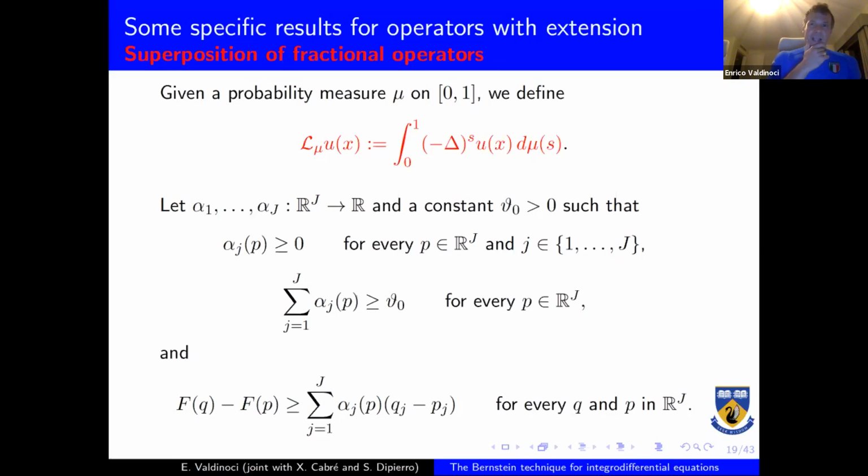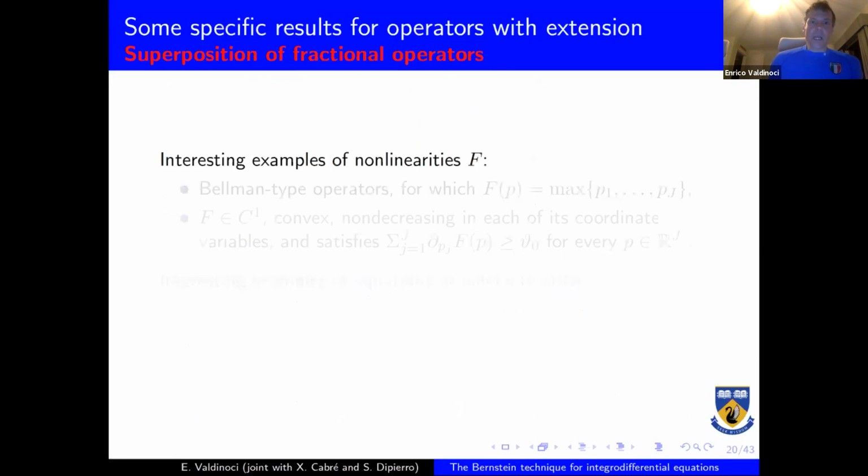So I think that understanding this kind of operators in which the local and non-local contributions appear and what is the effect of one or the other is somehow important also for applications.